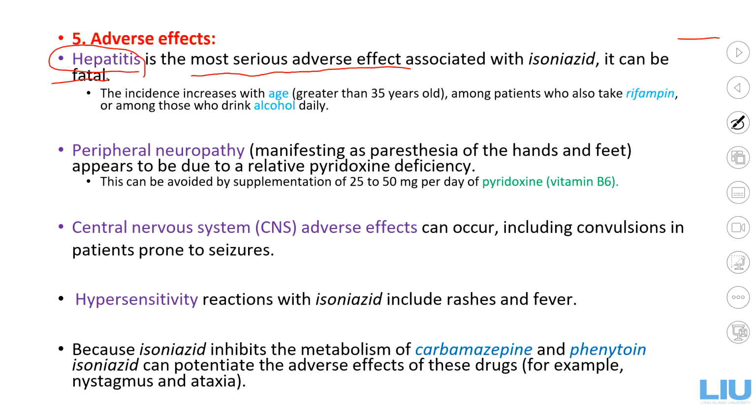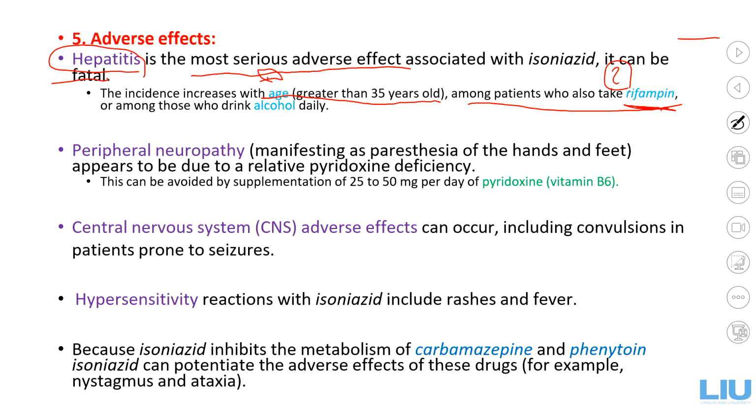Now this could become more dangerous if the patient's age is greater than 35. That's the first case. Or if the drug is combined with rifampin. Why? Because rifampin, as we will see, might also cause hepatotoxicity, but in rare conditions. So if you combine them, the chance increases. And guess what?